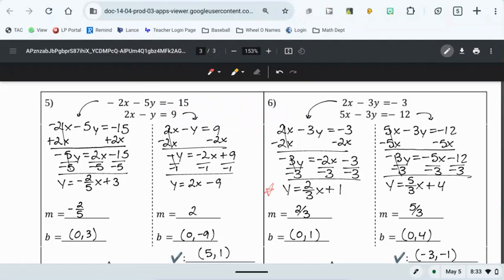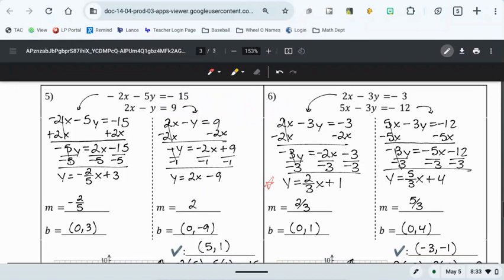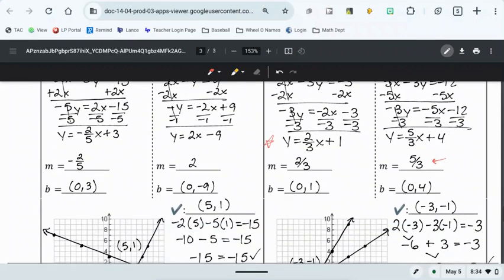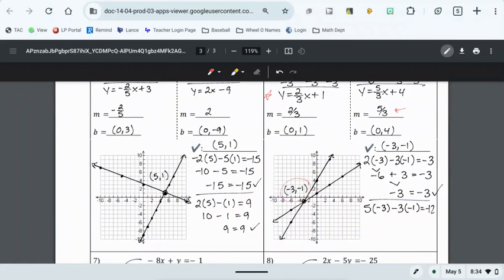You know that that's where your error was. If it is so far, good to go. We get our slope 2/3 and our y-intercept (0, 1). The second equation, we get a slope of 5/3 and a y-intercept of (0, 4). When we graph these, we see that they intersect at (-3, -1).